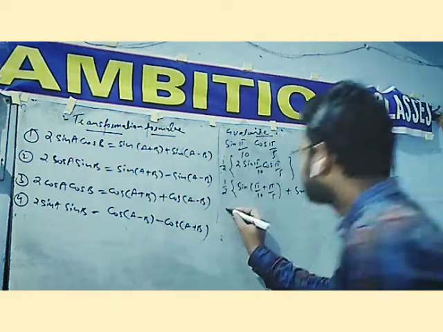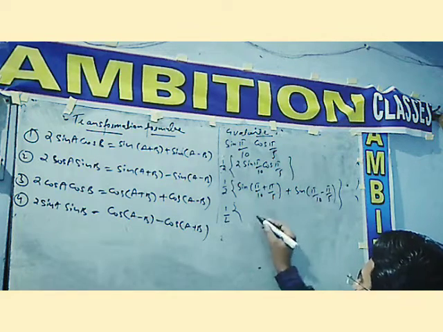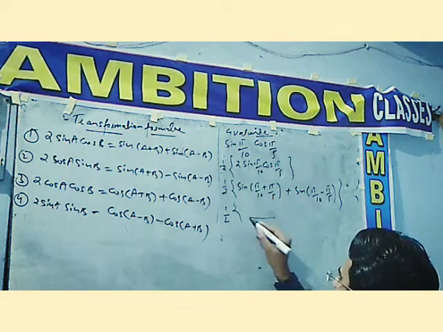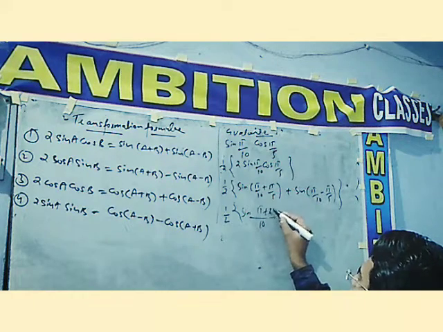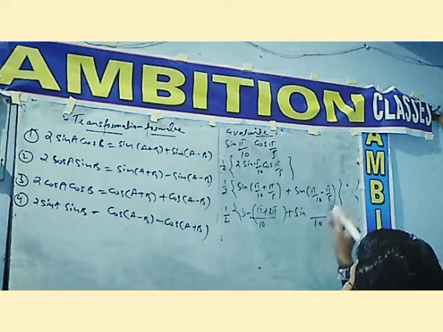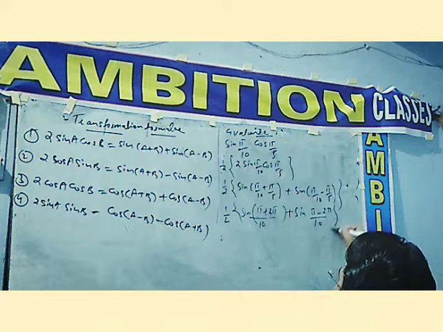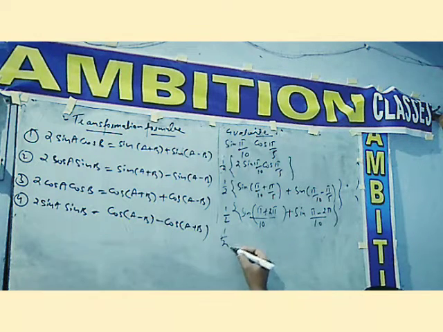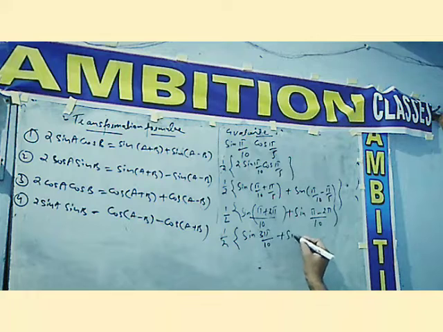Students, so what we have to do? 1 by 2, here we will take 10 as the LCM, so it will become sine pi plus 2 pi upon 10 plus sine pi minus 2 pi upon 10. What we will get here, students? 1 by 2 sine 3 pi upon 10 plus sine minus pi upon 10.